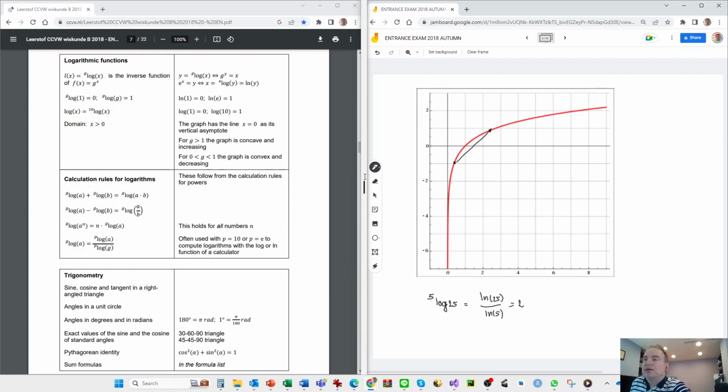And one particular one is how to change the base of a logarithm. Say you have the logarithm of base 5 of 25, then, not that it's very smart, you could write it as the natural logarithm of 25 divided by the natural logarithm of 5, the base. And both of these are equal to 2.